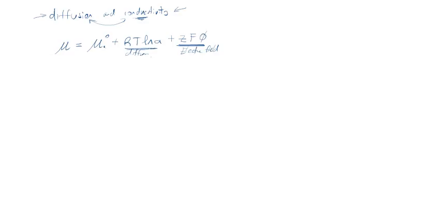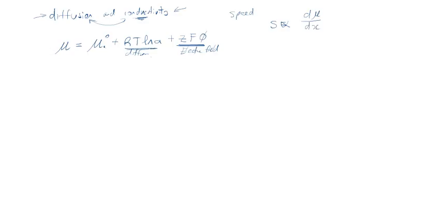The second thing we will do is work out the speed at which things move through the solution. We'll say that speed is proportional to the gradient of the chemical potential with distance.